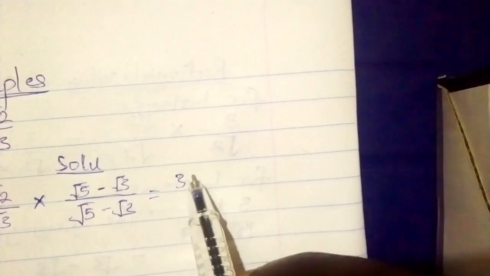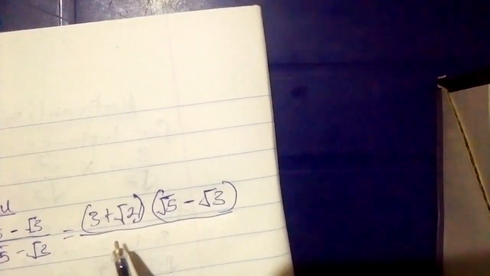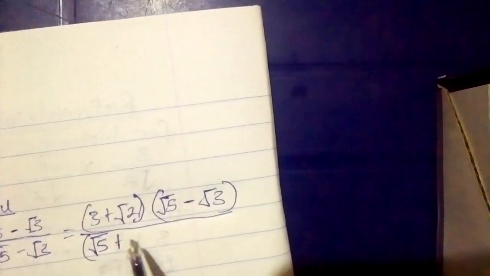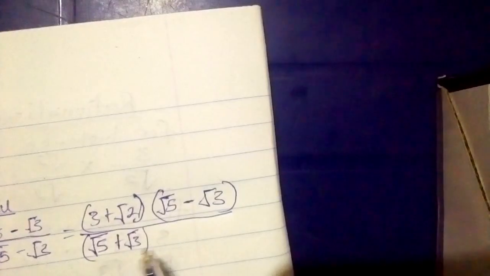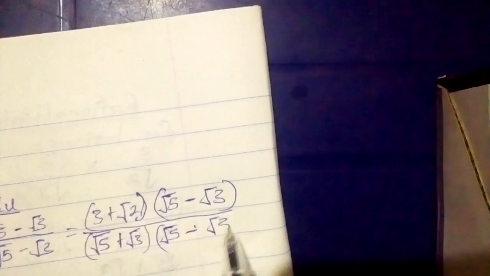So now we are going to multiply in order for us to get the answer. So this will give you (3 + root 2) all in brackets, times (root 5 minus root 3), we close the bracket, all over (root 5 + root 3) times (root 5 minus root 3).